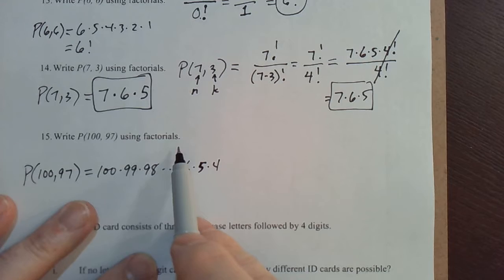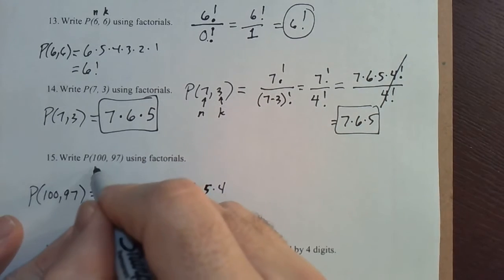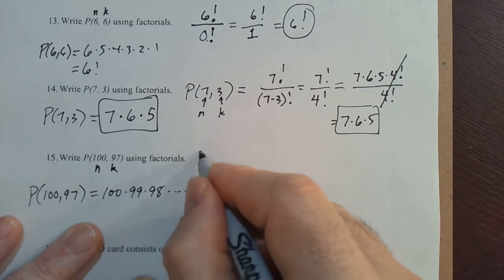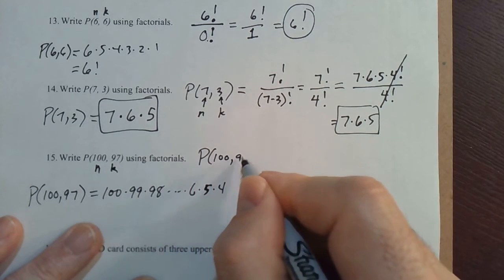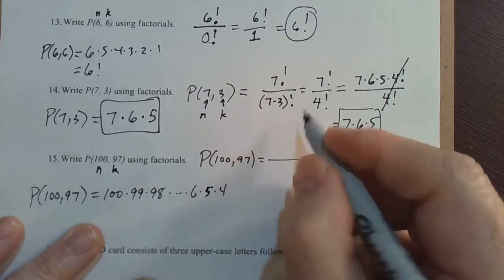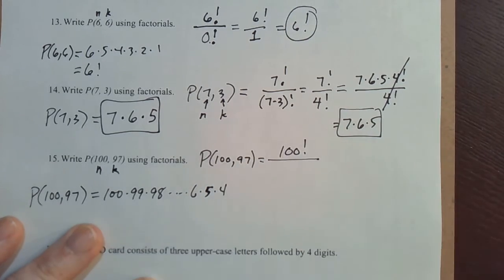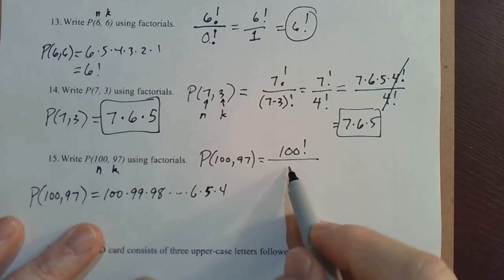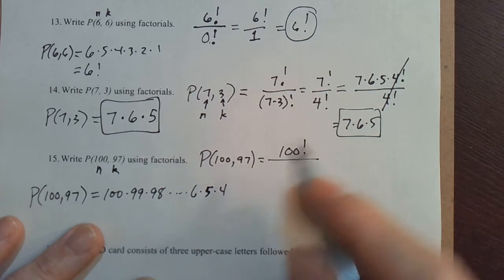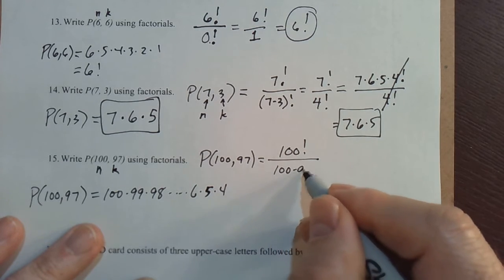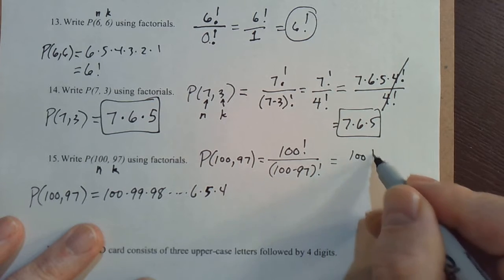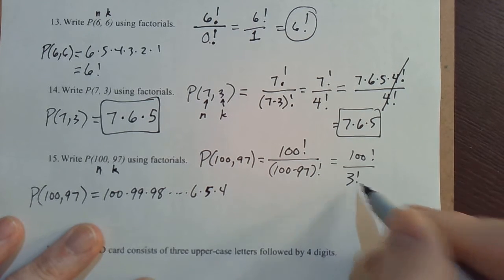But using the formula above, here's our n and here's our k. So P(100, 97) is equal to a fraction with 100 factorial in the numerator and not 97 factorial in the denominator, but 100 minus 97 in parentheses factorial. So that's 100 factorial over 3 factorial.